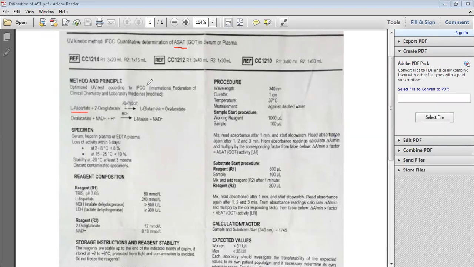When we need to find the quantity of aspartate aminotransferase, we can use a kit, and in the kit the reagents are prepared in specific quantity, and we can estimate the activity of this enzyme in the liver cells.